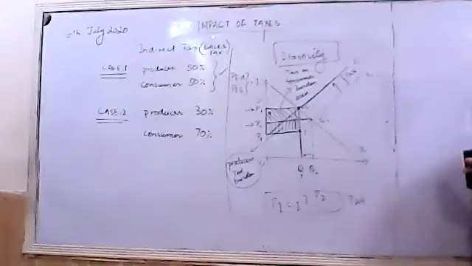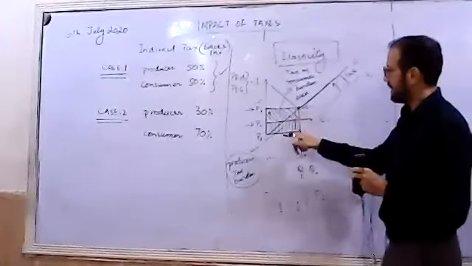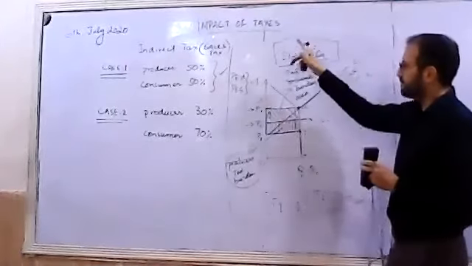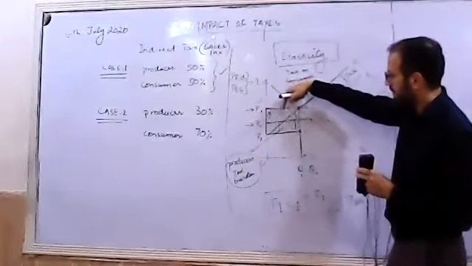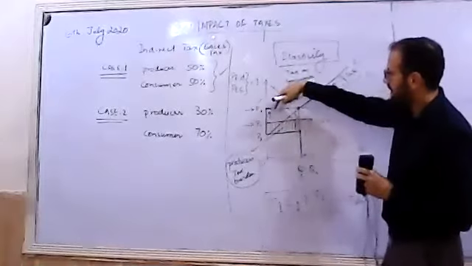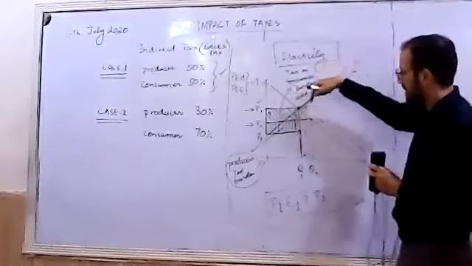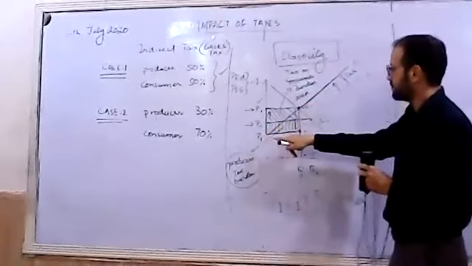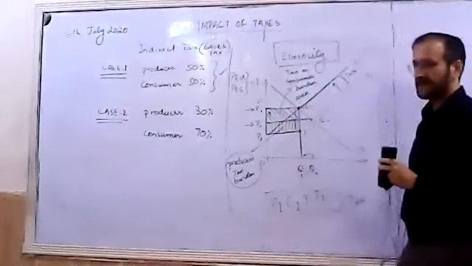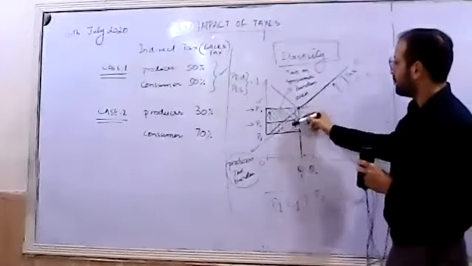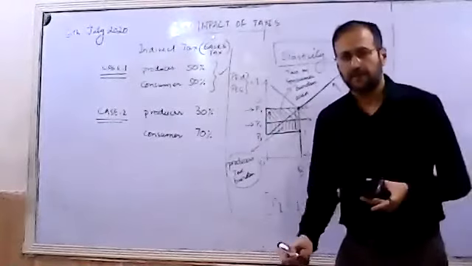Okay. And you can see from the diagram that both the shaded areas are actually the impact of taxes, but the area which I have diagonally shaded this way is actually the consumer's burden area of the tax. And the price below that, which we have derived, is actually the producer tax burden area. So both the areas which you see over here are actually equal. But why is it equal?